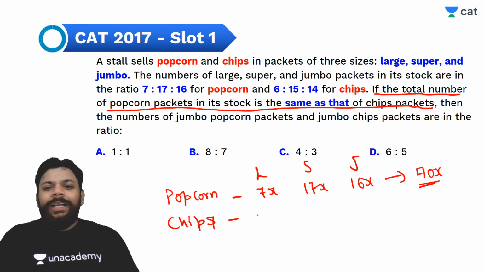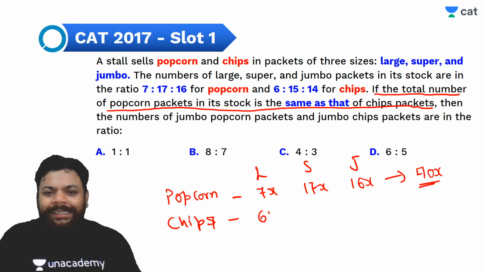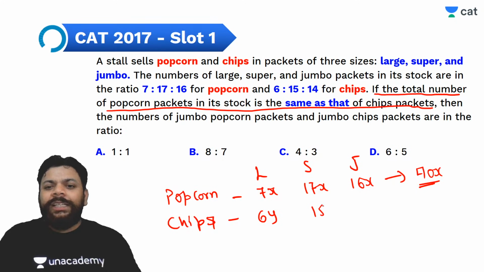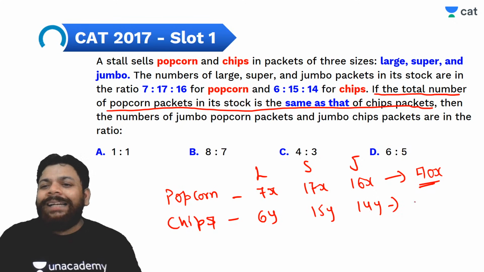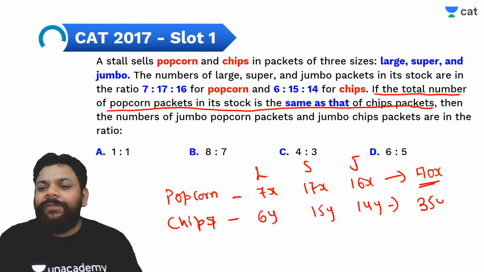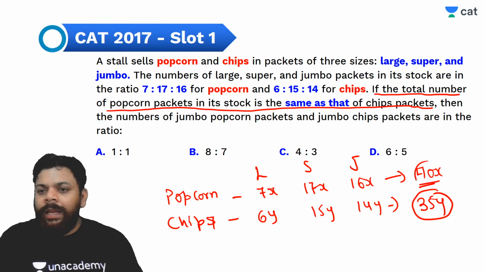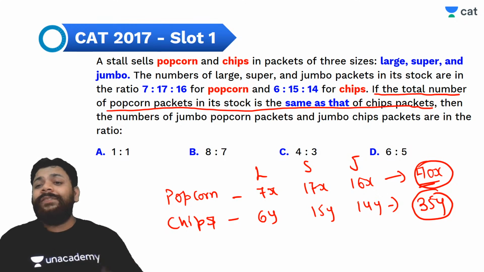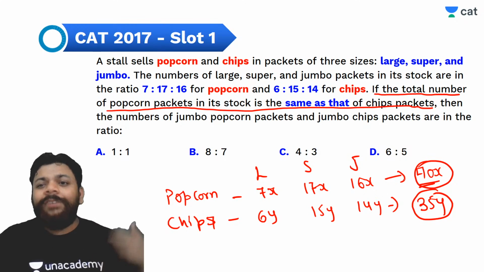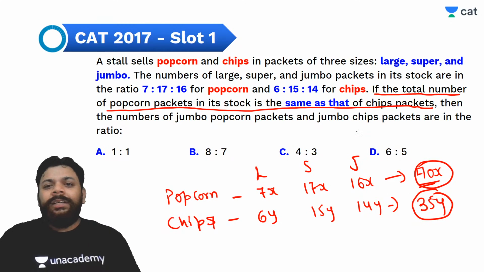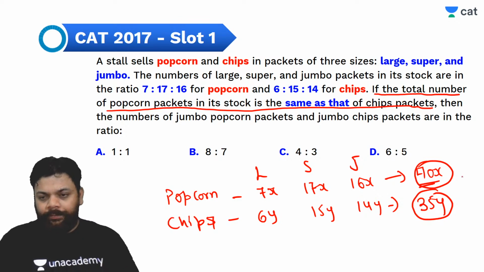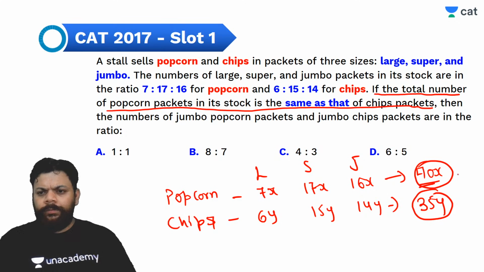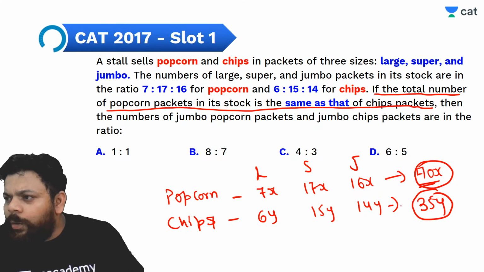ओके, चिप्स का अगर मैं देखूं, लार्ज इज 6y, this one is 15y and this is going to be 14y. If I'll add this, I'll get 35y. And fortunately it is given that दोनों का सेम है. दैट मीन्स ये इसी के इक्विवेलेंट होगा. तो ऑब्वियसली ये इसी के इक्विवेलेंट होगा.